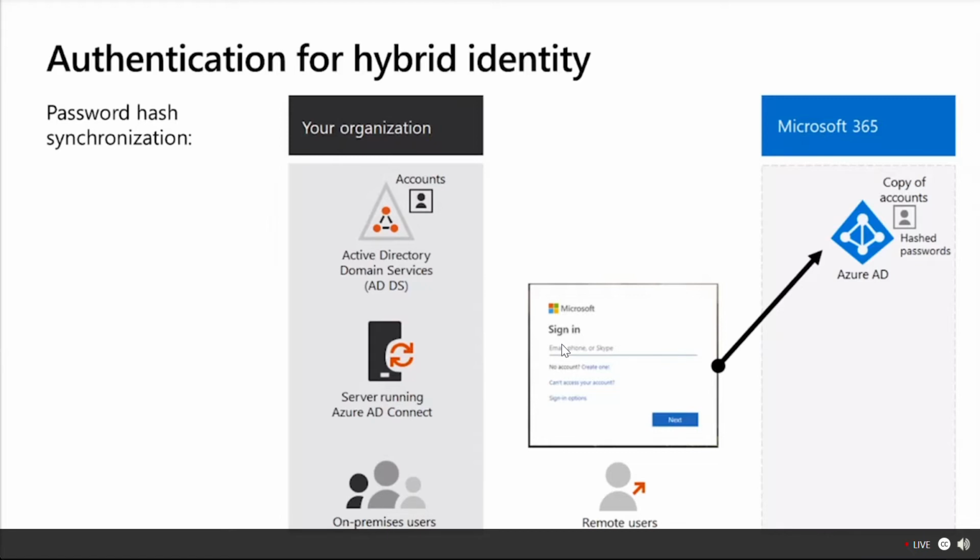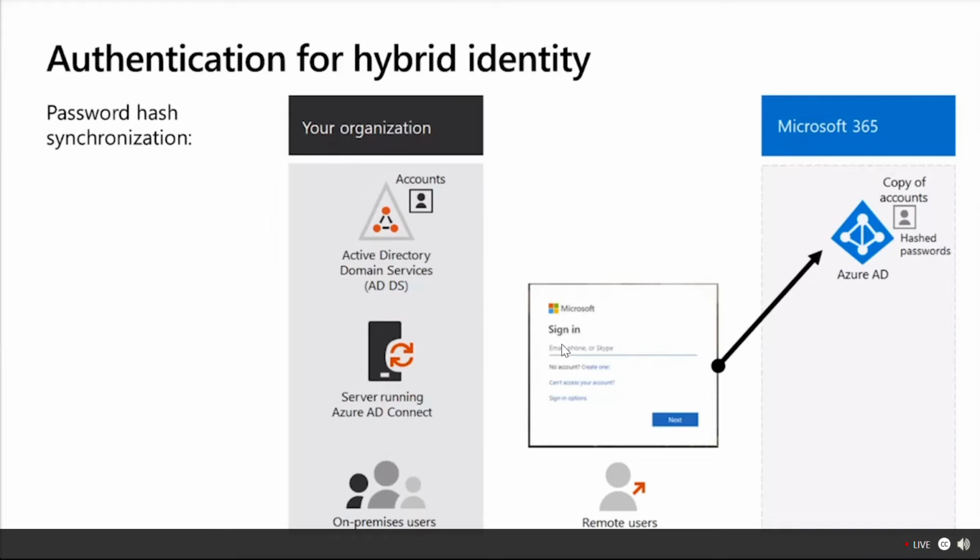Within managed authentication, we have two types of managed authentications. We have password hash synchronization, PHS, where Azure AD performs the authentication itself. And we also have pass-through authentication, PTA, which is where Azure AD has ADDS perform the authentication.